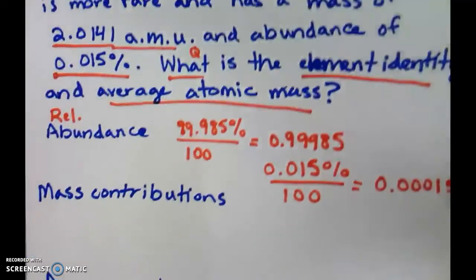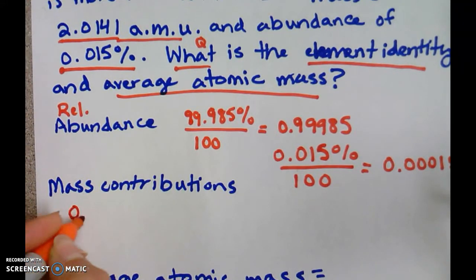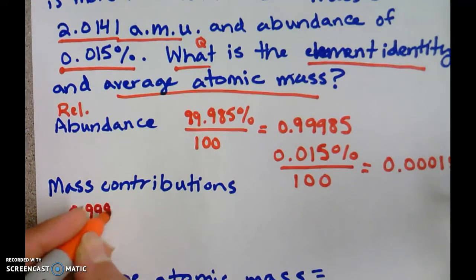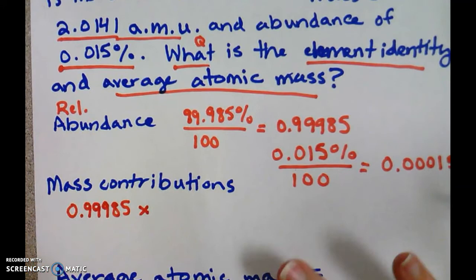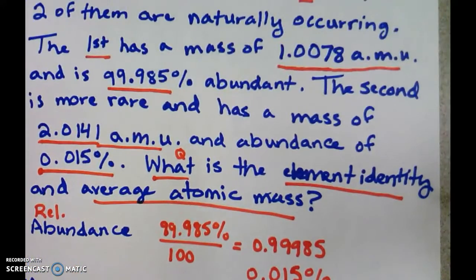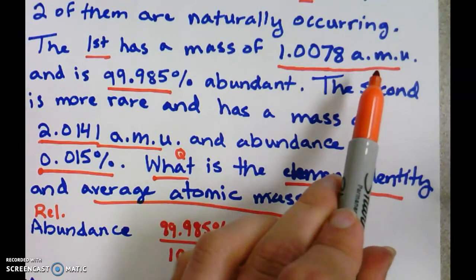Okay? Alright, so let's calculate its mass contribution. So we need our relative abundance. That's 0.99985 times the mass of the isotope. If we go back up to the question, the mass of that isotope was 1.0078.